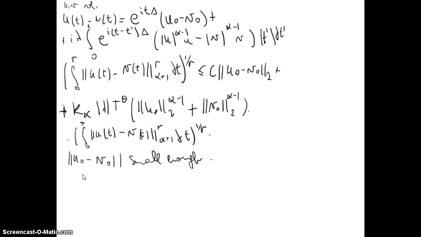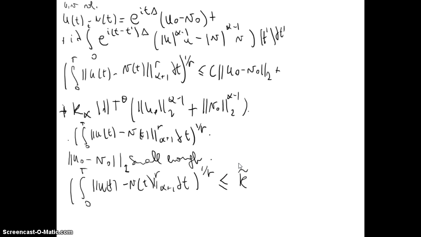Okay, so we can bound, if we take the norm of u naught minus v naught small enough, the following way: integral 0 to t of u(t) minus v(t) in L^{alpha plus 1} dt to the 1 over r less than or equal to, let's say, a K tilde times the norm of u naught minus v naught in L^2.